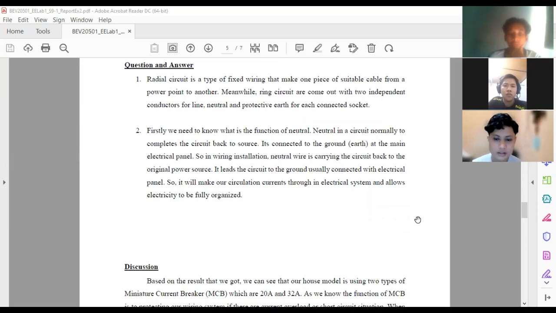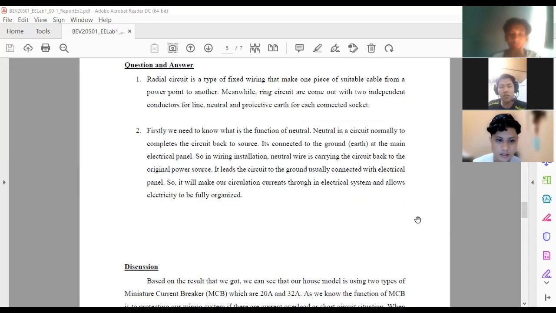For the next question, explain the purpose of the neutral cable in electrical wiring installation. Firstly, we need to know the function of neutral. Neutral in a circuit is normally used to complete the circuit back to the source. It is connected to the ground, earth, and the main electrical panel.